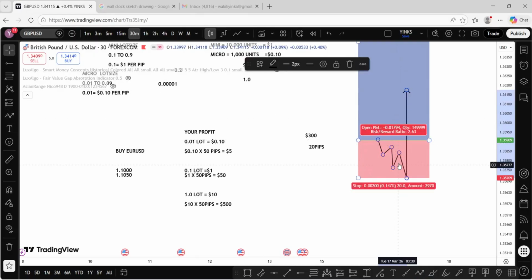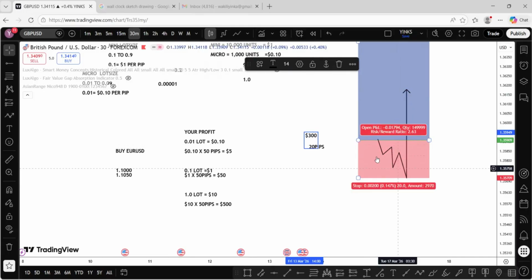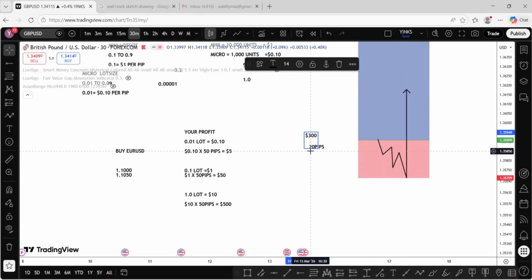So from here to here, all you have to do is take the same lot size that you're using to enter the trade, which equals 10 cents per pip. You're going to multiply it by the risk to know the total amount you're risking on this trade. So let's say on this $300 capital, how much is 20 pips going to take you using 0.01 lot size?